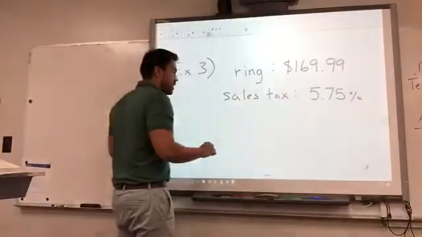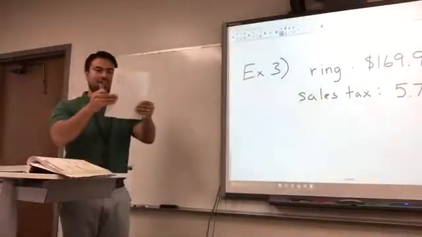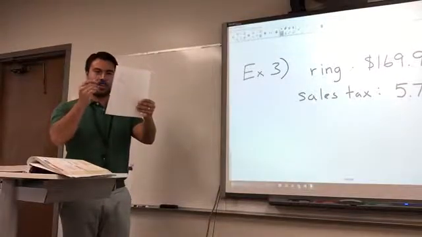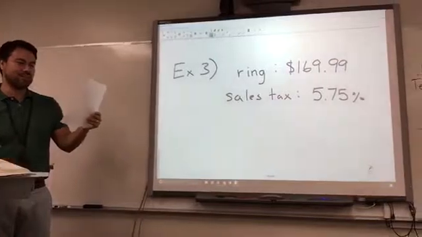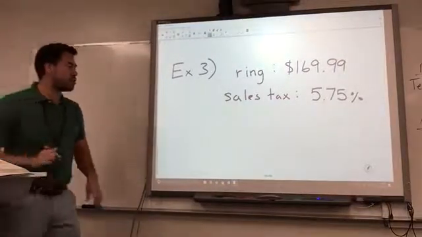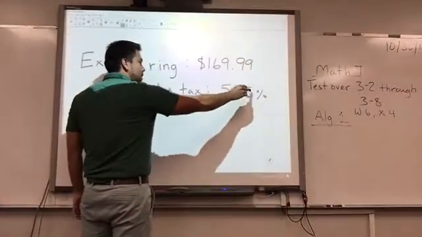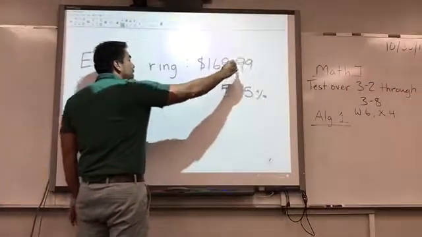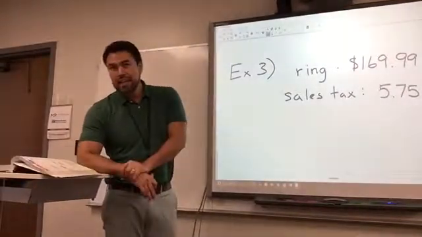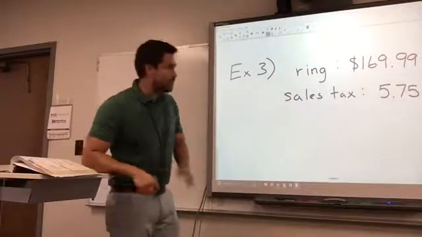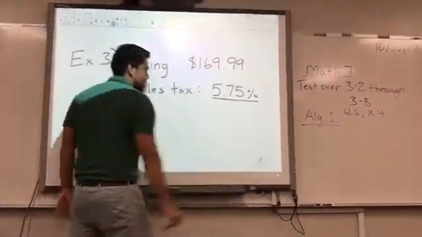So this is what I'm going to do. I'm going to do it the easier way, which if you were looking at the paper was the top way. You're like, I don't remember the top way, it was just a bunch of numbers. Okay, what I'm going to do is find what is 5.75% of 169.99. What does that word "of" mean? Times. So I'm going to multiply these two together, but what do I have to do to this first?